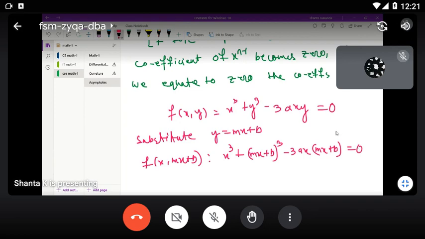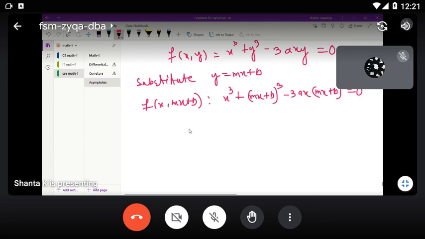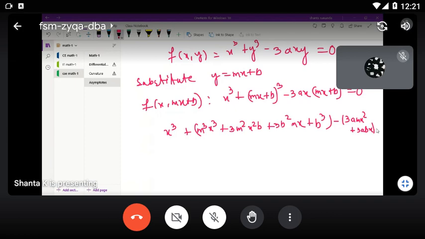Now we will collect the terms. Here we will have x cube plus m cube x cube, plus 3m square b x square, plus 3b square mx, plus b cube, and minus 3am x square plus 3abx equals 0.